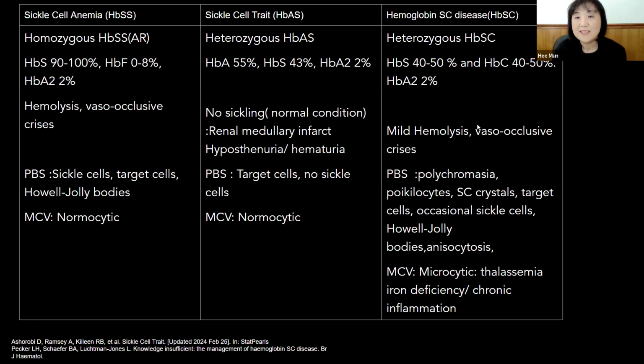Mild hemolysis and vaso-occlusion only in extreme conditions. Compared to sickle cell anemia, it is microcytic, highly related with thalassemia, iron deficiency, or chronic inflammation. I'm going to show this PBS in the next picture.